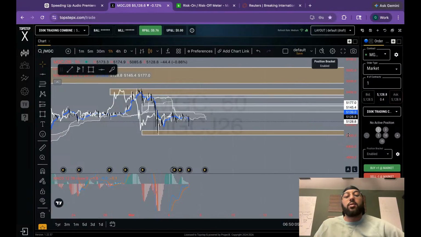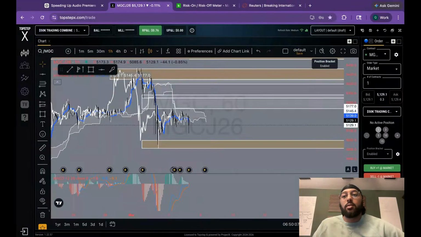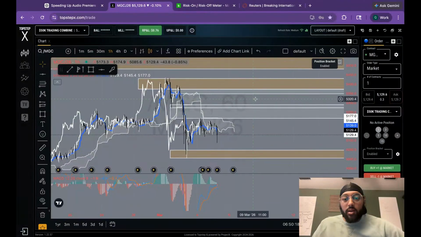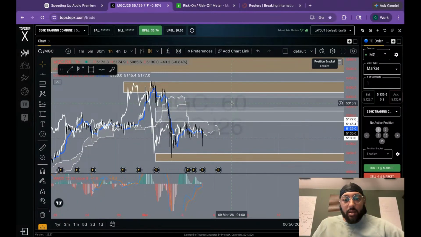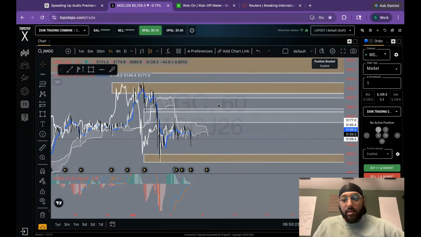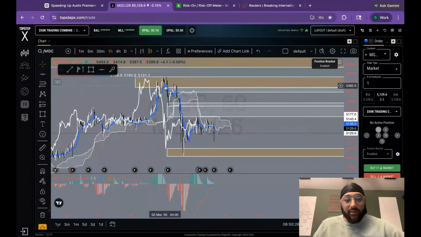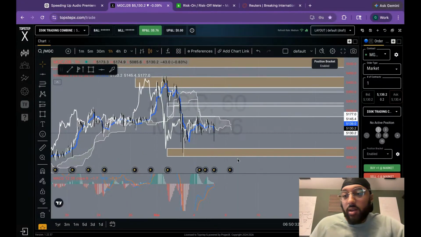Two places liquidity is found. And as you're mulling that over, I'm going to give you the answer here in about 10 to 15 seconds. But there's two areas that liquidity is found.